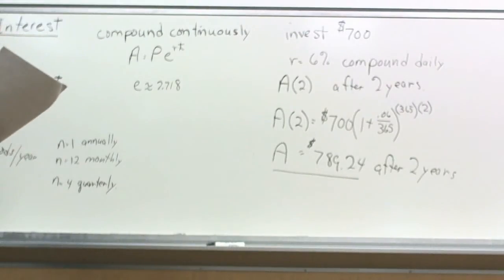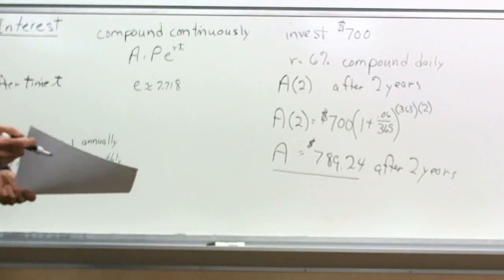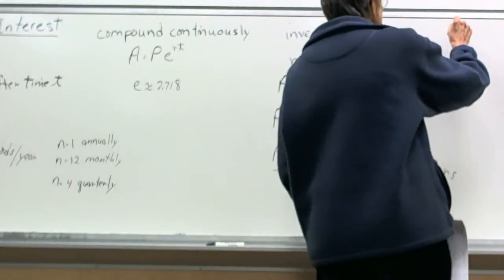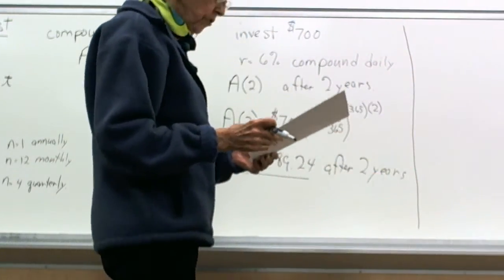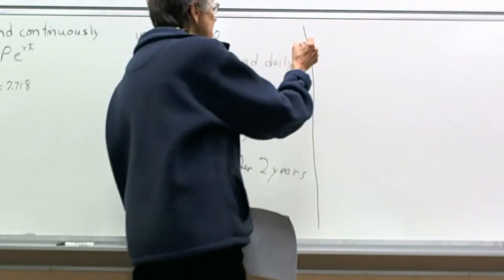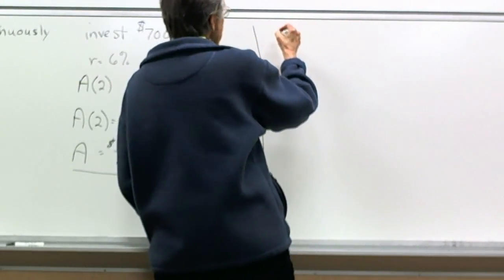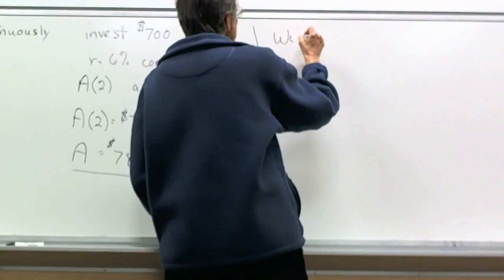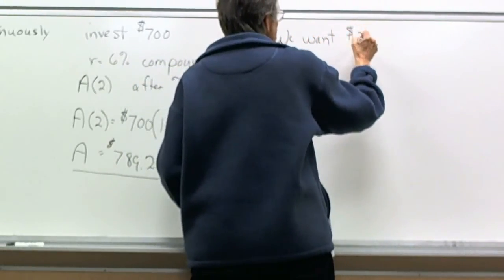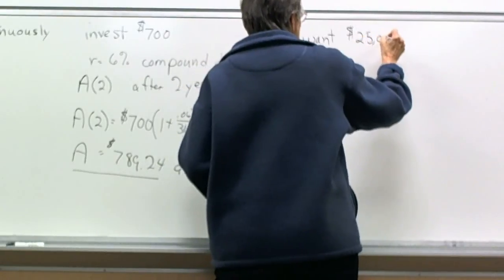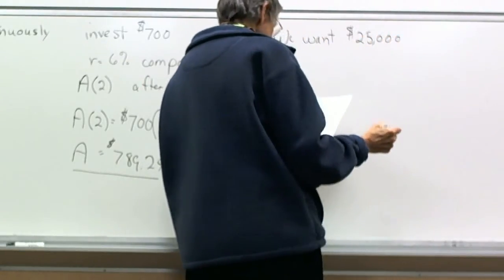Another example might be a present value problem where we're asked to find how much do we invest in order to accomplish an amount of $25,000. So we want $25,000 at the end of 10 years.